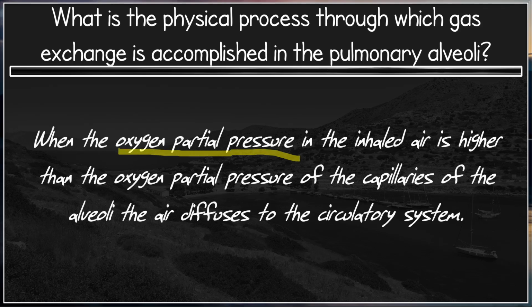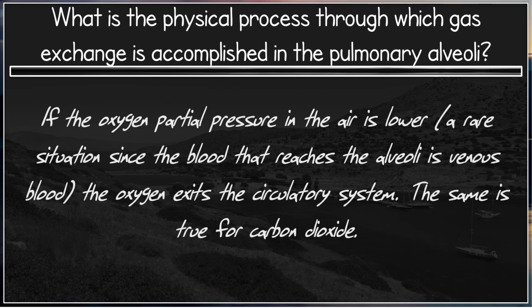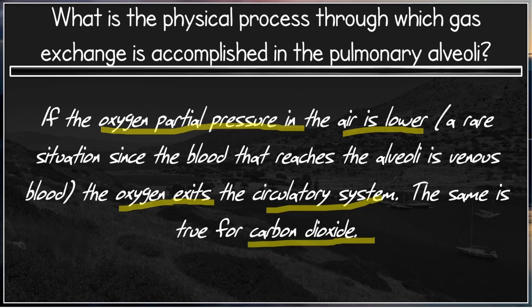When the oxygen partial pressure in the inhaled air is higher than the oxygen partial pressure in the capillaries of the alveoli, oxygen diffuses to the circulatory system. If the oxygen partial pressure in the air is lower, a rare situation since the blood that reaches the alveoli is venous blood, oxygen exits the circulatory system. The same is true for carbon dioxide.